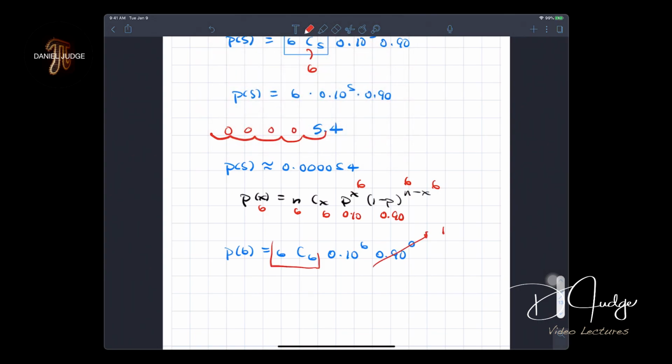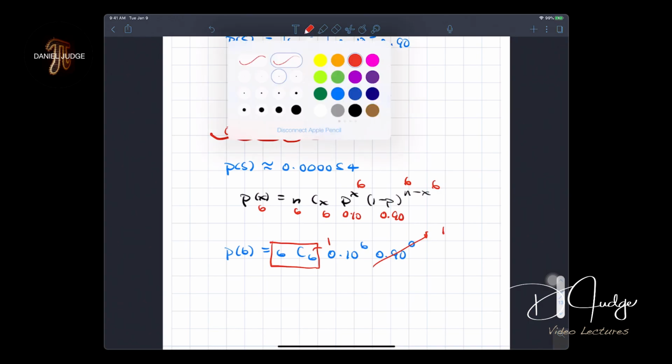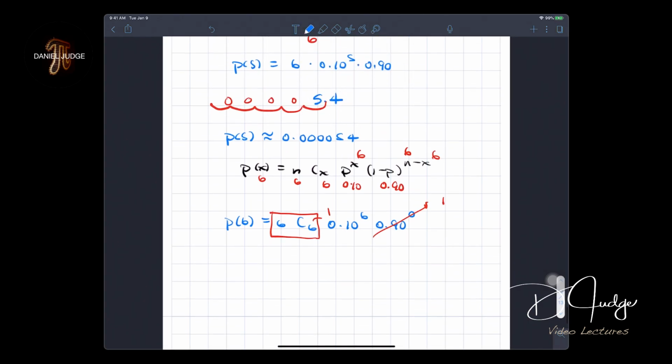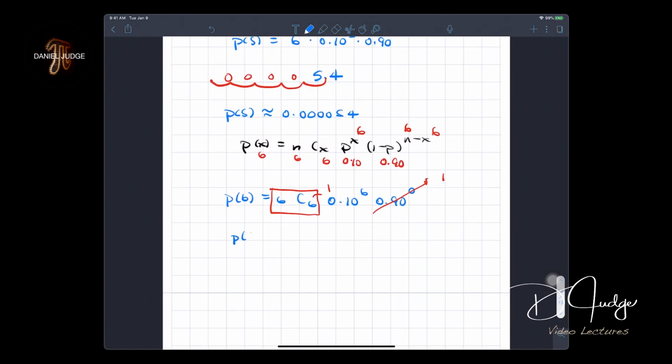Now, I already know what this number is. I'm going to tell you guys, this is also 1, and I can show it to you. So P of 6 will be 1 times 0.10 to the 6 times 1, or we can say P of 6 is simply 0.10 to the 6. Okay?